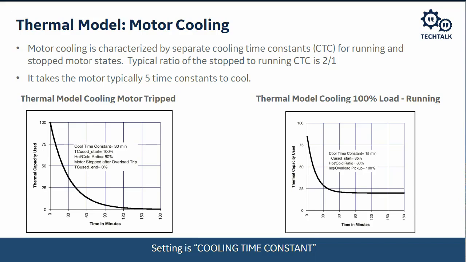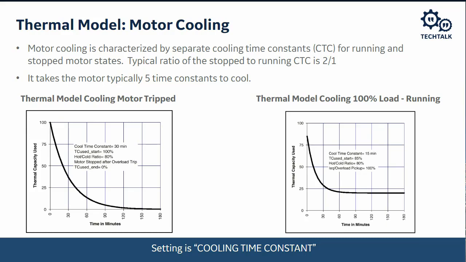That's why we see it cooling to about 20% thermal capacity used. Whereas on the left, when it's stopped, it's cooling all the way down to 0% thermal capacity used, but it's taking a longer time to reach the steady state. So in that case, the cooling time constant is 30 minutes, so it should take about 150 minutes to cool, and that's about what we see there.